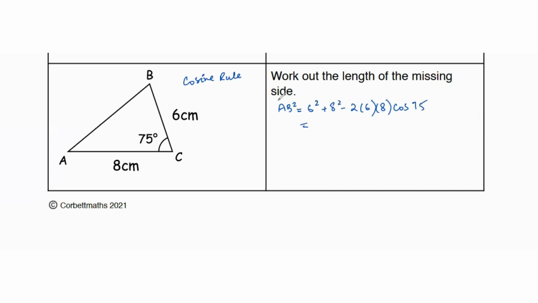We know 6 squared is 36, plus 64 minus 96 cos of 75. So now what we do is we find the value of 96 cos 75.